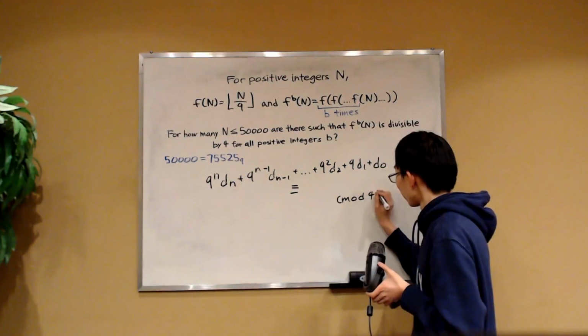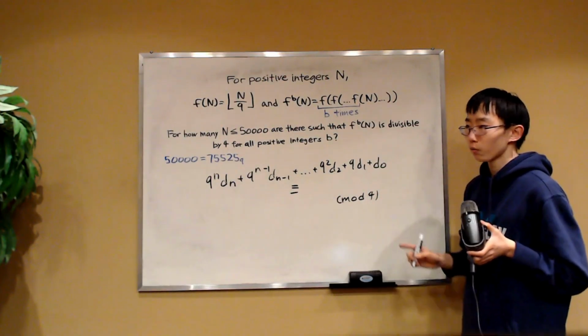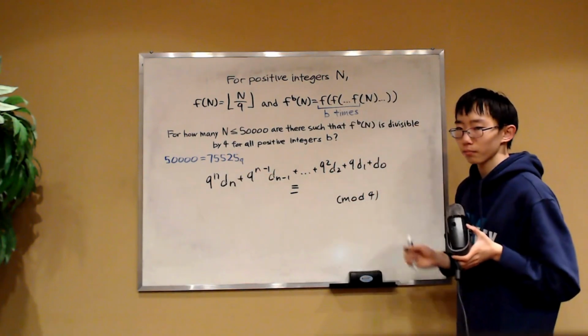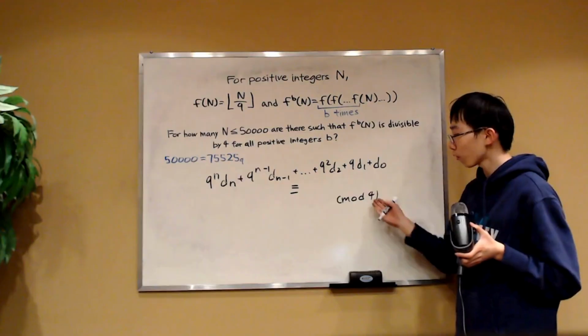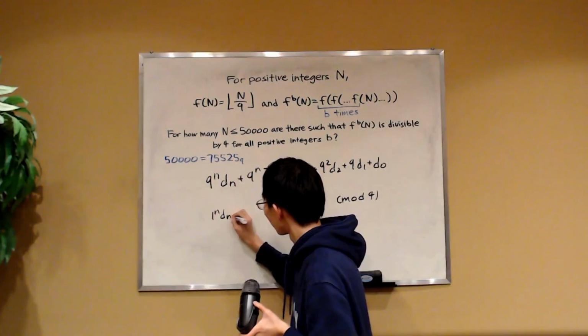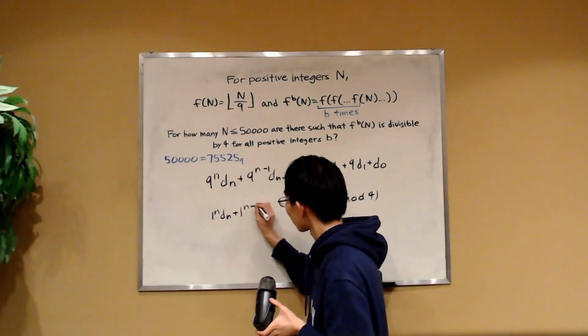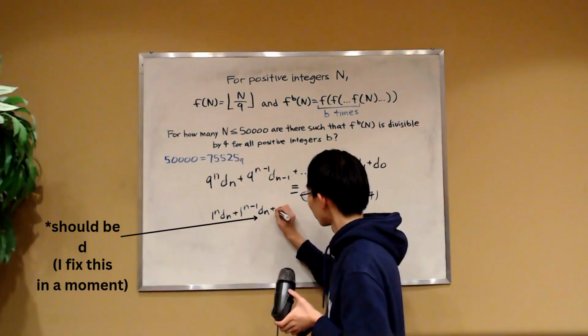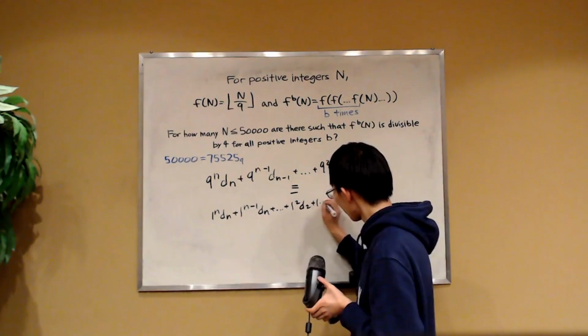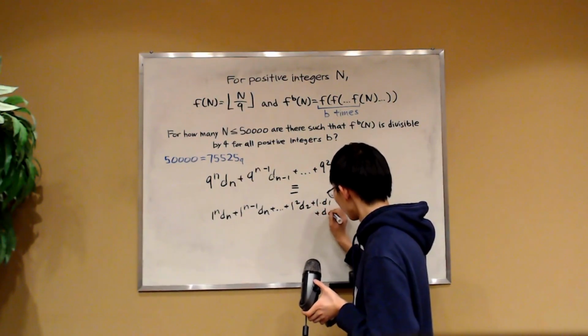Now, because we're dealing with mod 4, we can subtract each of these 9s by 8, because 8 is a multiple of 4. So this would become 1 to the n times dn plus 1 to the n minus 1 times d(n-1) plus so on and so forth, 1 squared d2 plus 1 times d1 plus d0.